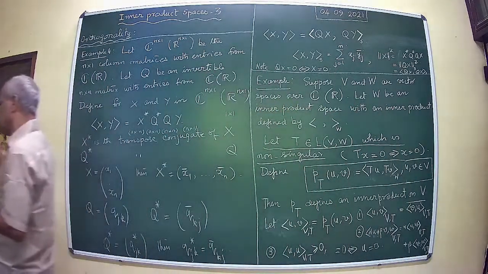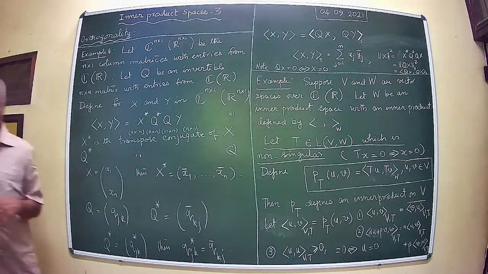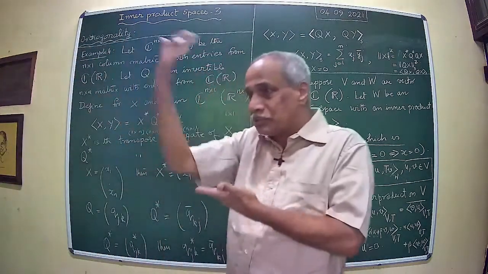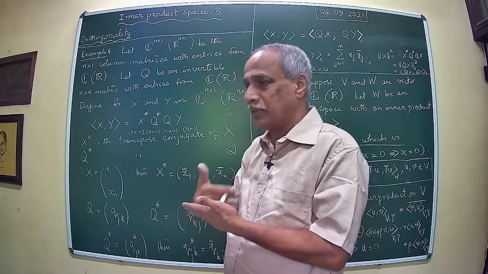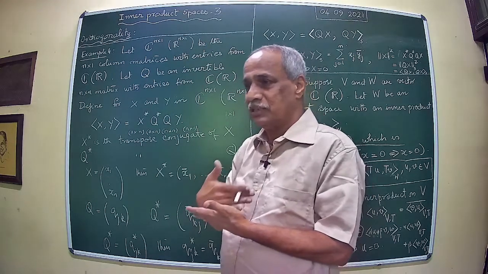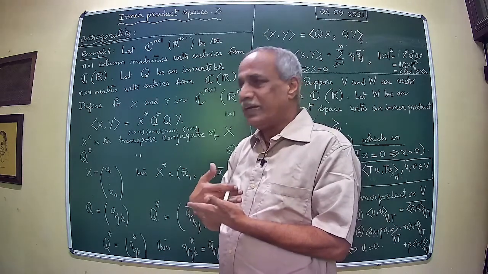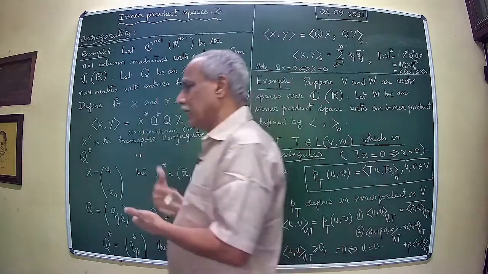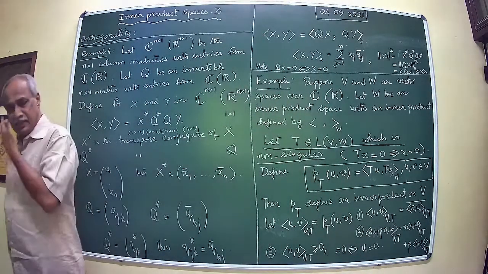And then of course you already have your standard inner product on Rn or Cn that induces an inner product on the original space. So depending on the isomorphism that we induce, we can get different inner products.